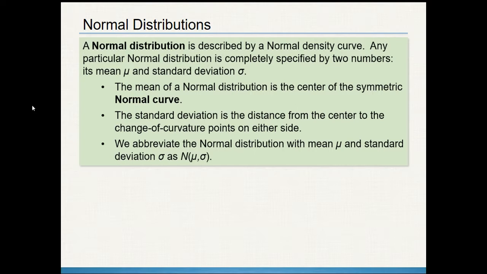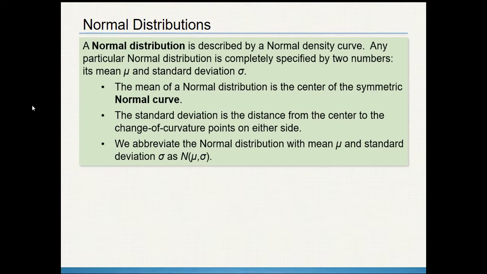A normal distribution is described by a normal density curve. Any particular normal distribution is completely specified by two numbers: its mean mu and its standard deviation sigma. The mean of a normal distribution is the center of the symmetric normal curve. The standard deviation is the distance from the center to the change of curvature points on either side.